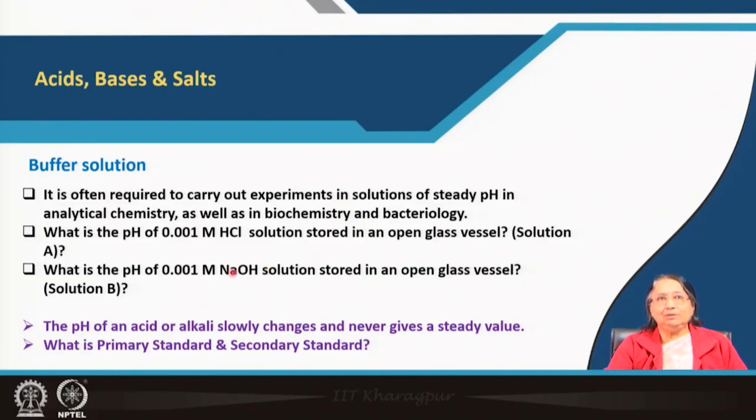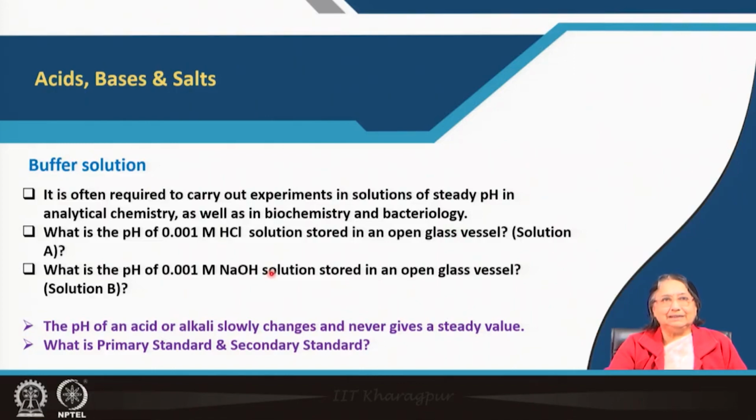If we directly calculate it, then pOH will be minus log of 1 into 10 to the minus 3. So, pOH will be 3. That means pH is 14 minus 3, that is 11. But is that correct?